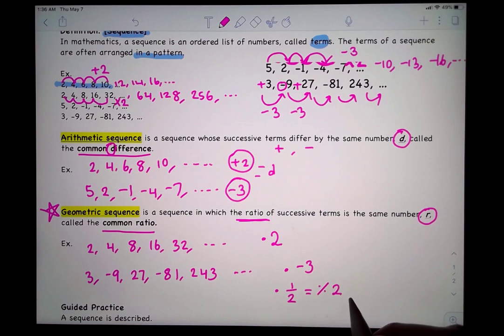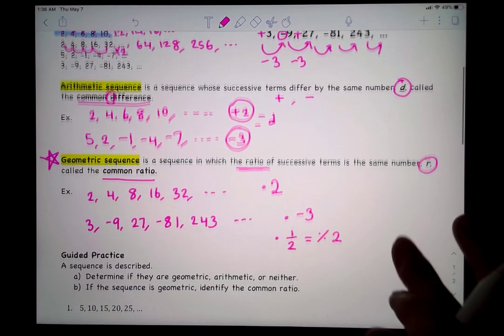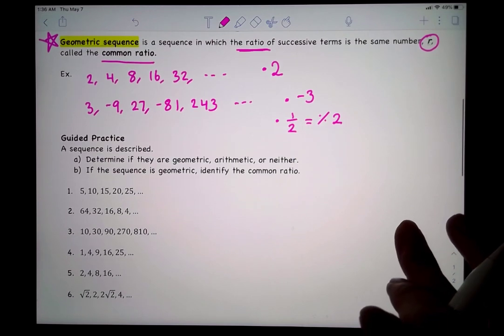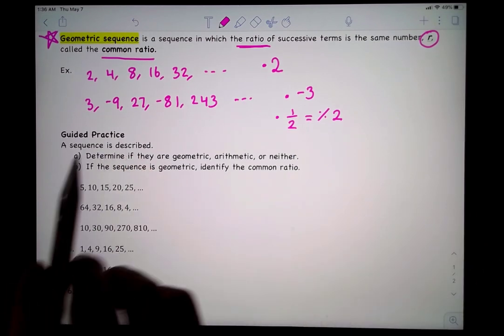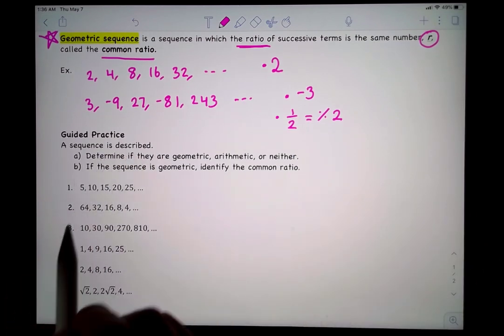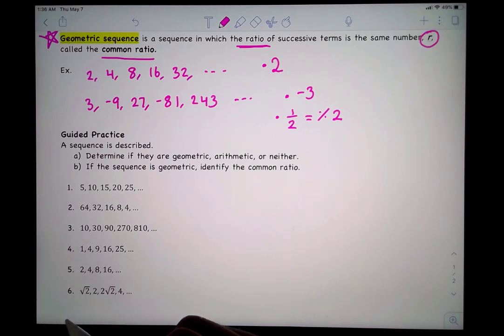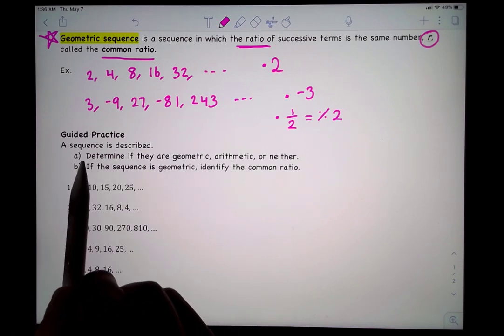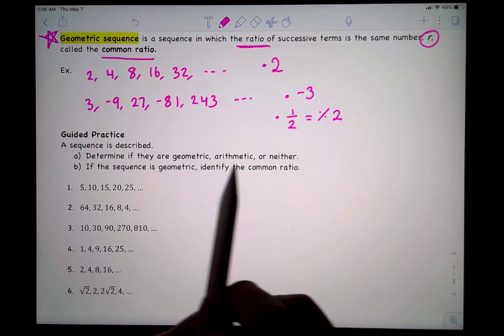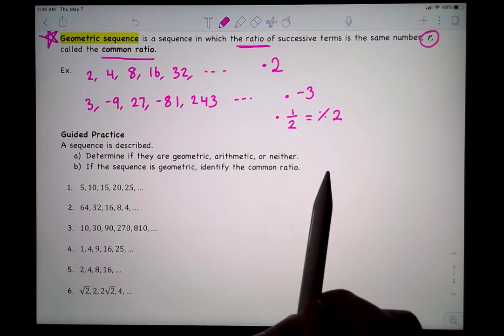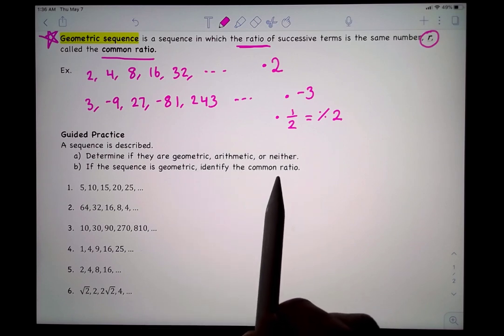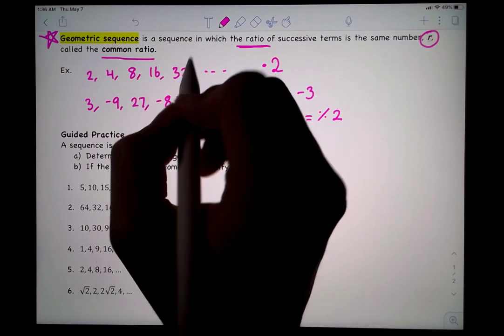Okay? So let's look at the problems. Guided practice: a sequence is described. So you have 6 different sequences. And for A, determine if they are geometric, arithmetic, or neither. So look, multiplication or division, that's geometric, right?